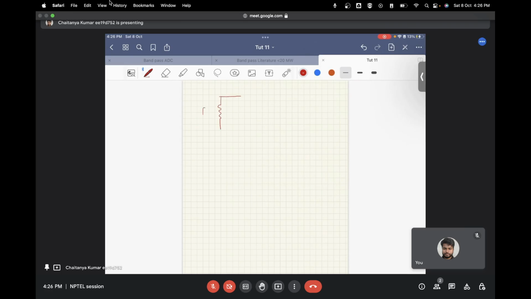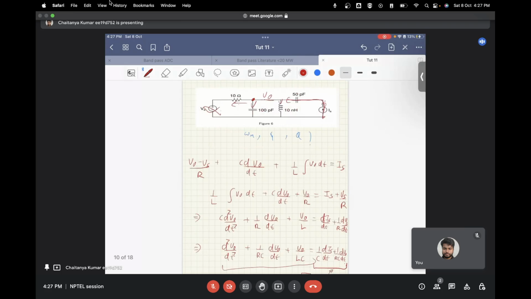You have an R, a C in parallel to it, then an inductor, and then one more C. Let's call it C1, but this is not connected to anything. This is an open circuit, so this doesn't affect the system. So you can see this is a parallel RLC network, and this C over here of 50 picofarads is redundant. So this is how you needed to solve this question.